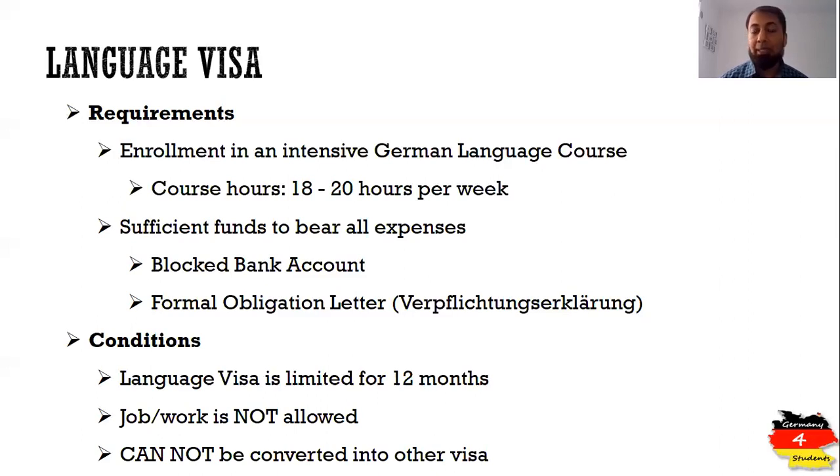Like if you think that while you are learning German language, you will apply to different universities and get an admission, and on the basis of this admission letter, it would be possible for you to get your visa converted into a study visa. That is not possible because language visa has a specific purpose of learning language and it cannot be extended after 12 months, and it cannot be converted into other types of visas.